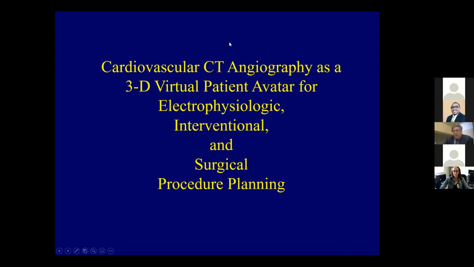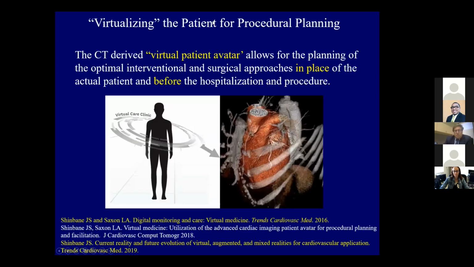So when you think about it, it's not just about the coronary arteries, it's about the fact that we can see the entire thorax. So what we do is we virtualize the patient for procedural planning. The CT-derived virtual patient avatar allows for the planning of the optimal interventional and surgical approach in place of the actual patient and before hospitalization and the procedure.